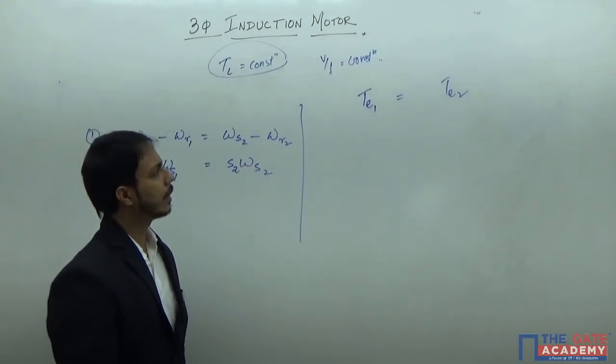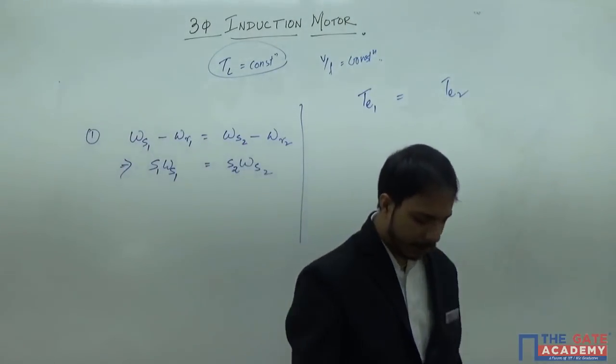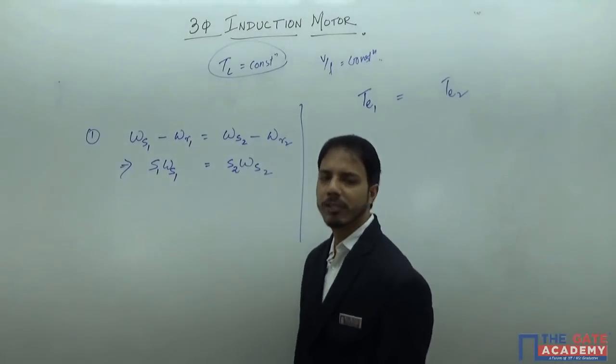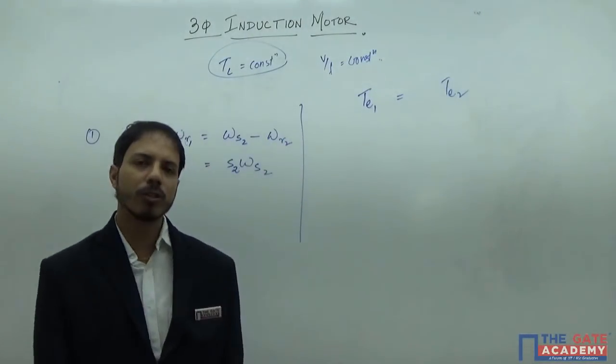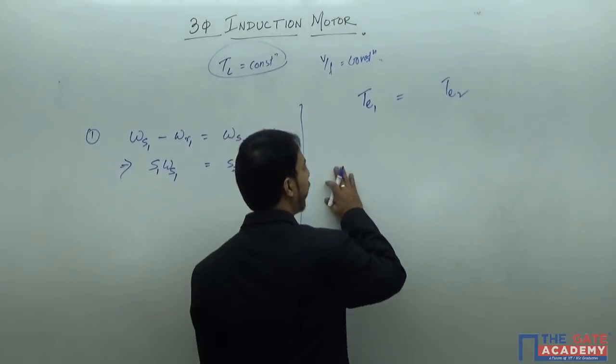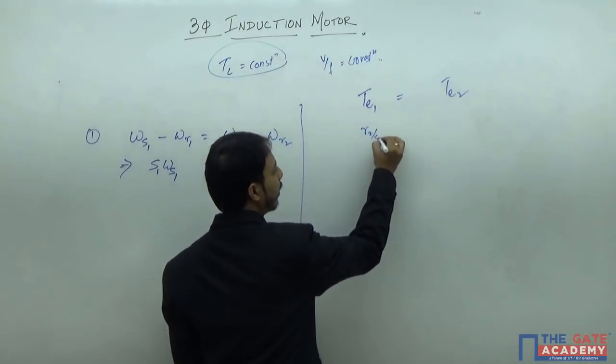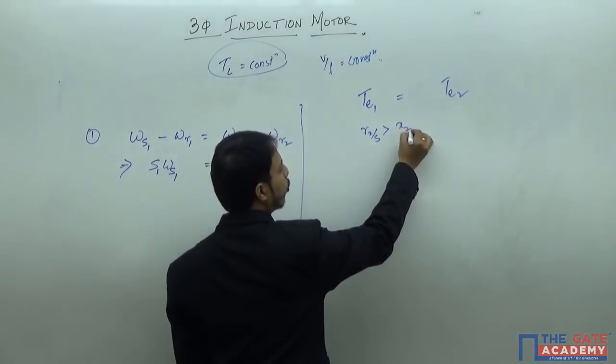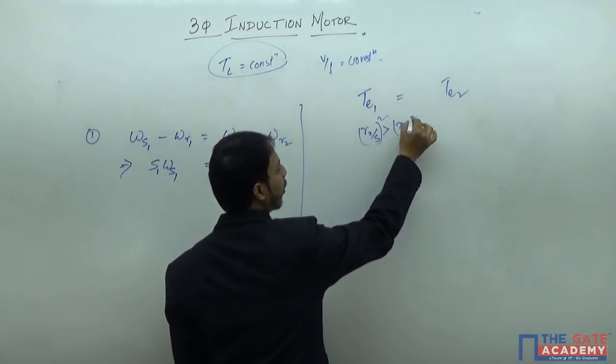Now, at the loaded condition, my slip value is very, very small. If the slip value is small, then R2 by S is very, very much greater than X2, so the whole square can neglect X2.